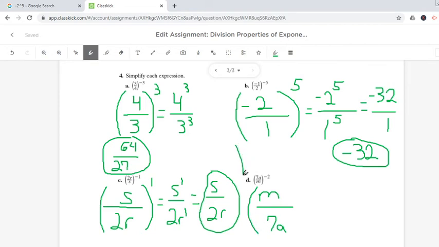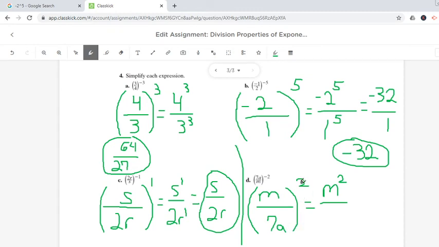I'll split this down so you can see the difference. And then we have to the second power. And then we have m squared. And then we're going to go for both of these.